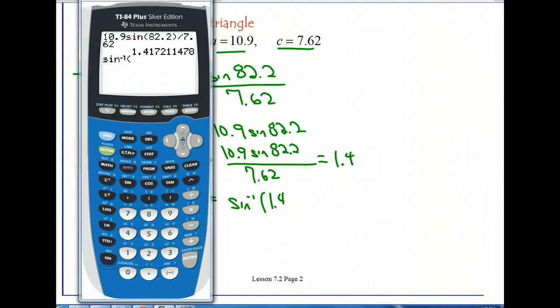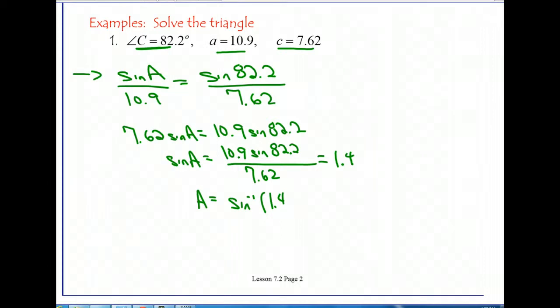I'll take the sine inverse of 1.42, and I get an error. And you probably weren't surprised by that. Maybe you were. Shouldn't have been. I get an error because, look, I'm taking the sine inverse of a value bigger than 1. Sines don't get bigger than 1. It goes between -1 and 1. You can't take the sine inverse of a number bigger than 1. That leads to an error.